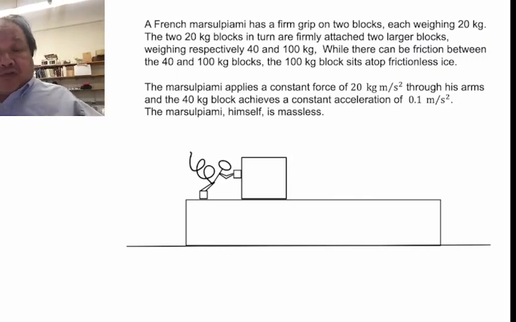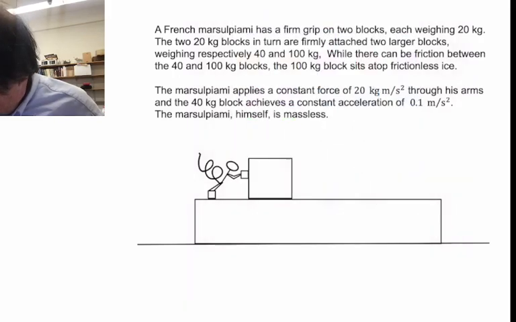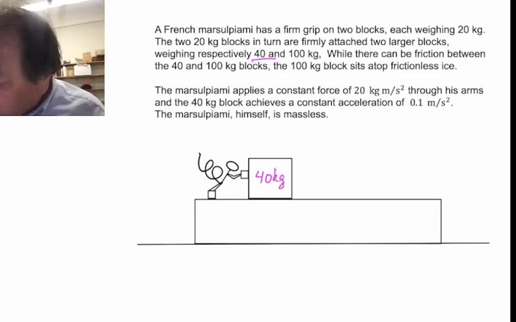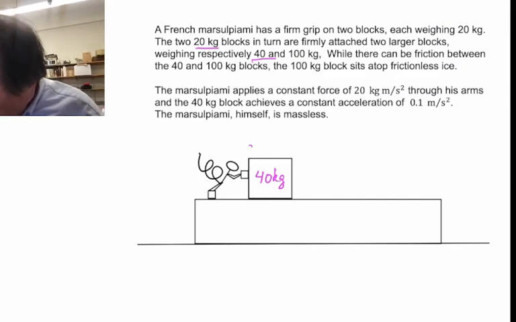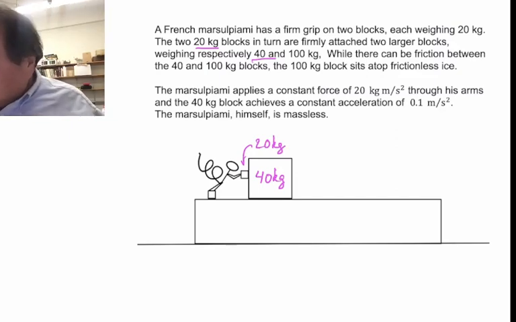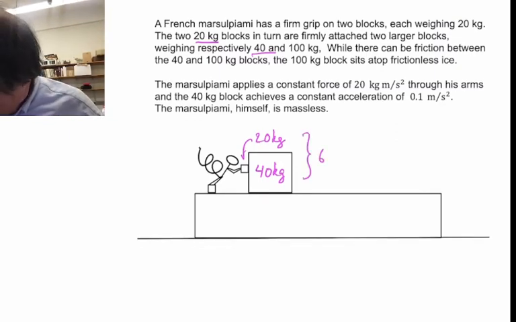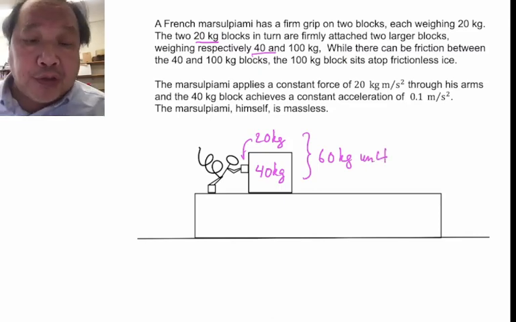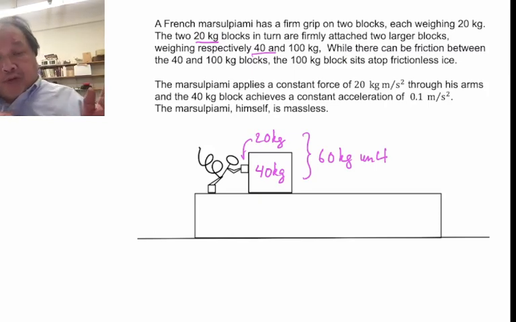It involves a French marsupiami, an animal, pushing on a 40-kilogram block, and 20 kilograms of the marsupiami are going to stay fixed with the 40 kilograms to make a 60 kilogram unit. So the marsupiami is pushing on the 40 kilogram block, and roughly half its mass is staying with the 40 kilograms.